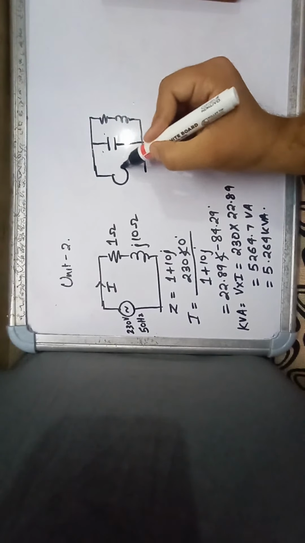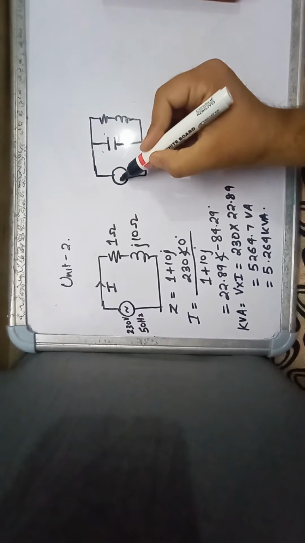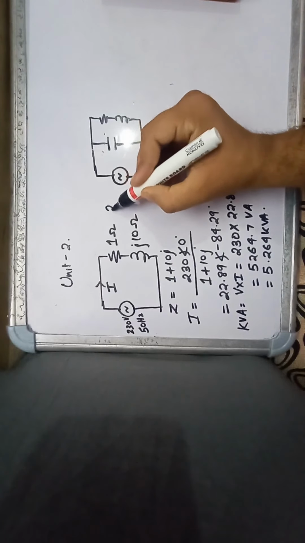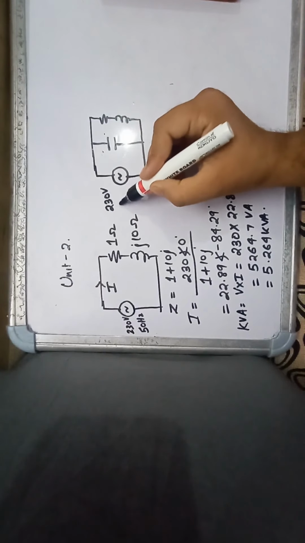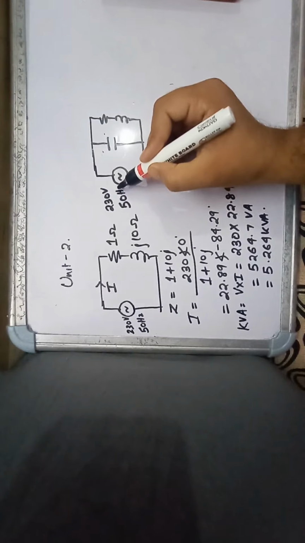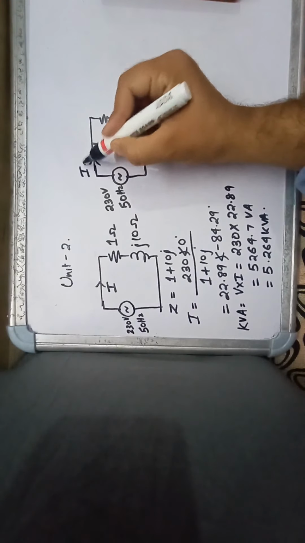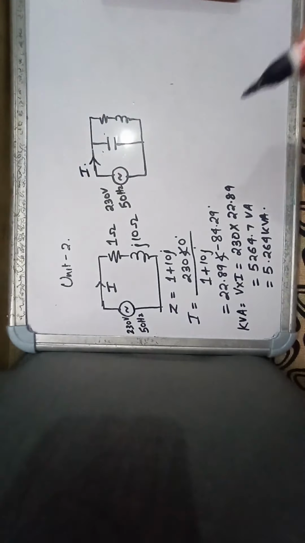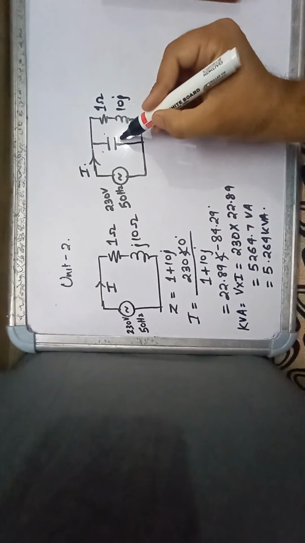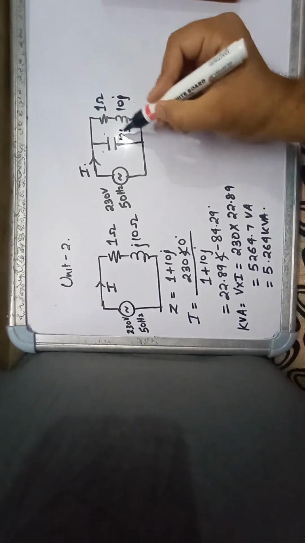Now let's check what happens with our calculation. The same supply, 230 volt and 50 hertz, and now I will calculate our current. Here also 1 ohm and 10j, and now I'm just putting the value of 10j minus j.